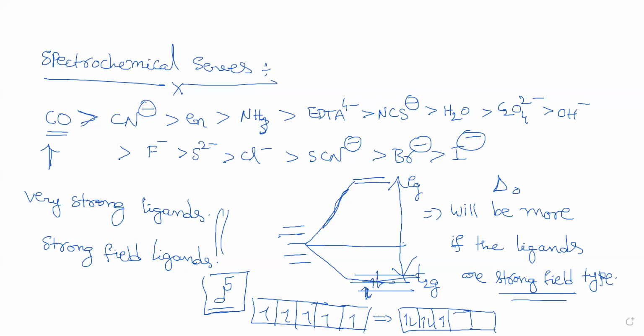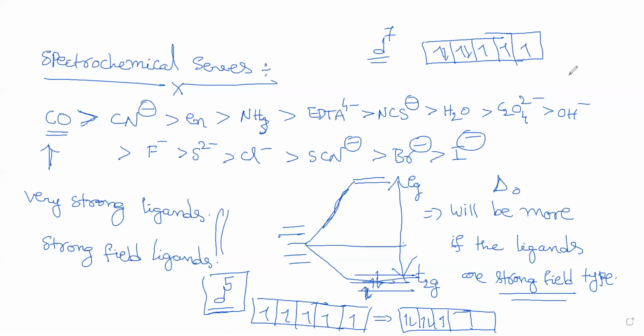So whenever forced pairing happens, suppose this is a D5 system. Suppose there is something called a D7 system. How will the D7 system behave? D7 in general will be like this: 1, 2, 3, 4, 5, 6, 7.